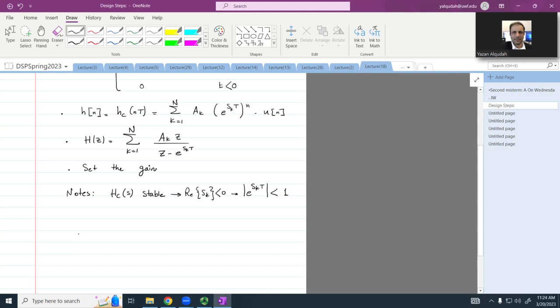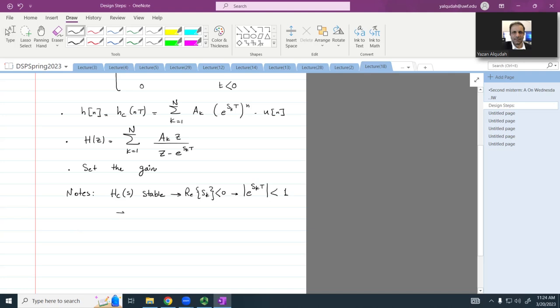So if the system in continuous time is stable, is it going to be stable in the discrete time domain? It's going to be stable because s_k is negative, and an exponential of a negative number is less than 1. And if it is less than 1, it's going to be stable.